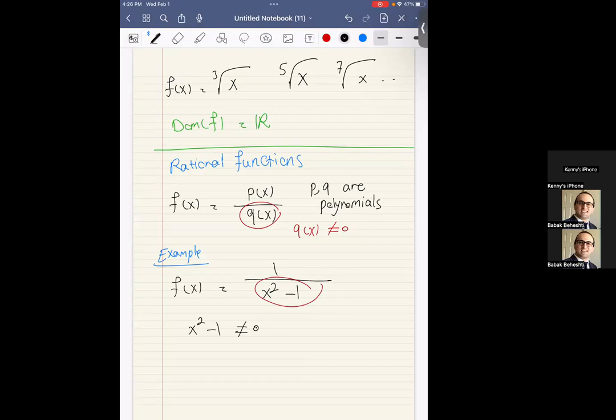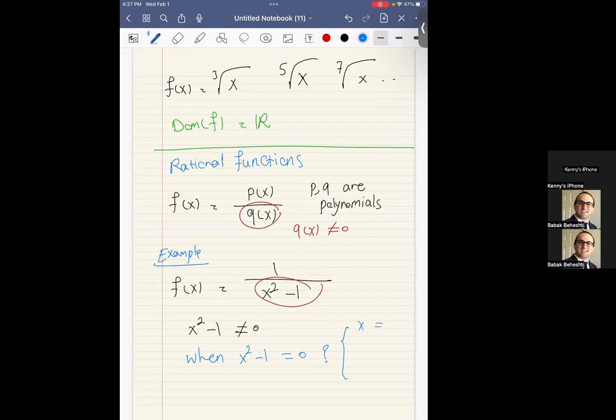So for finding the domain of this function, we know there is a restriction: the denominator, x squared minus 1, cannot be 0. So now the question is, when is the denominator equal to 0? When x squared minus 1 is equal to 0, for what x?